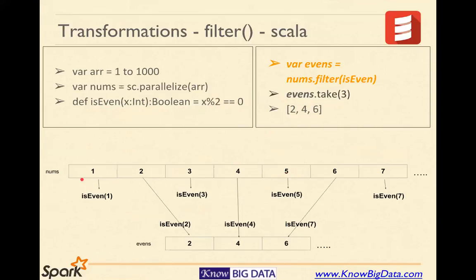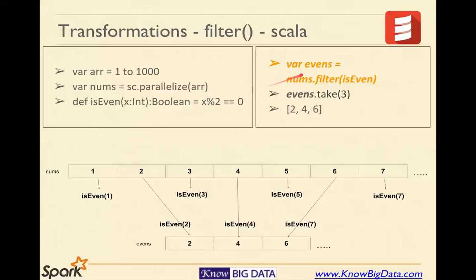For example, in this case, we have these records. Each record is a number here. Why? Because when we parallelize an array, whatever is the individual value of the array becomes a record of the RDD.